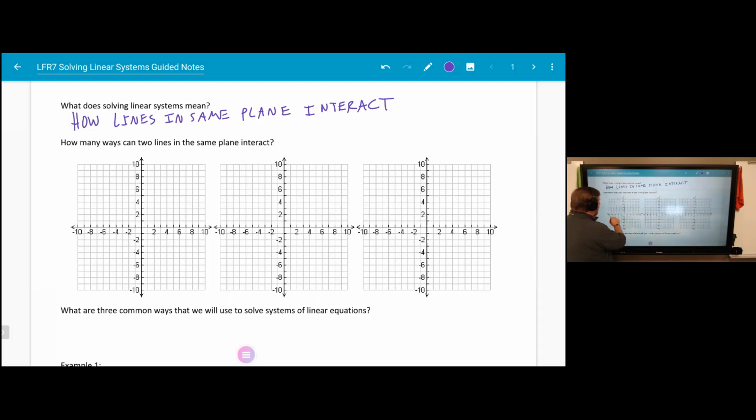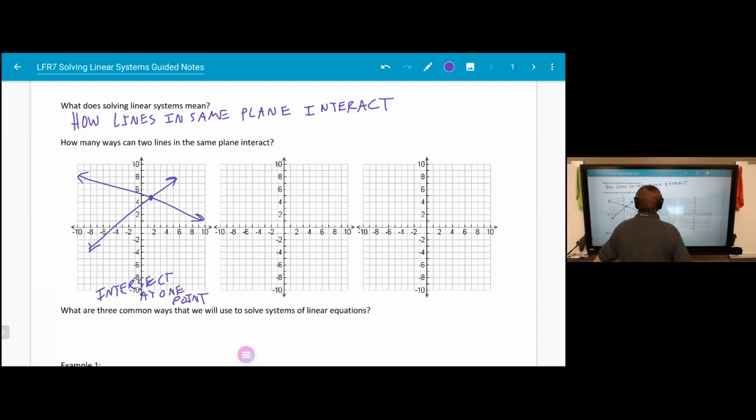We could have line A and line B, and they interact in this way. They intersect at one point.